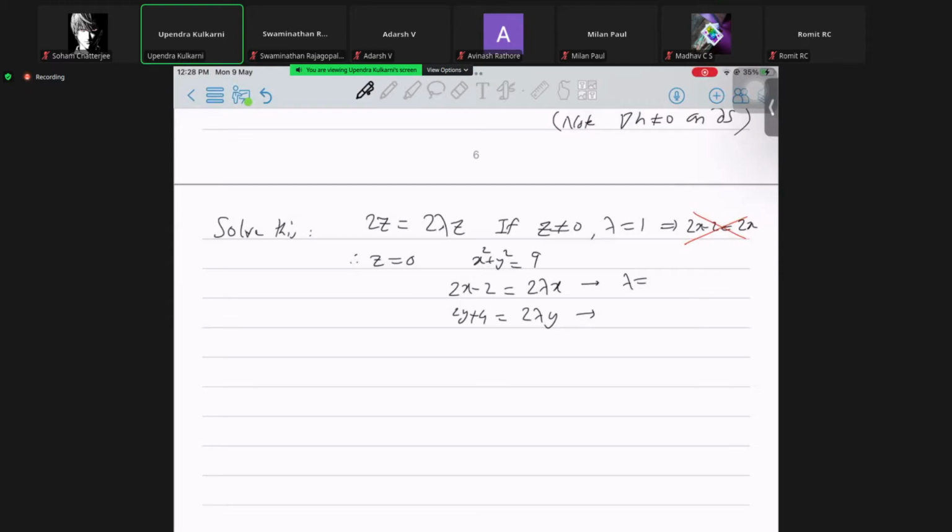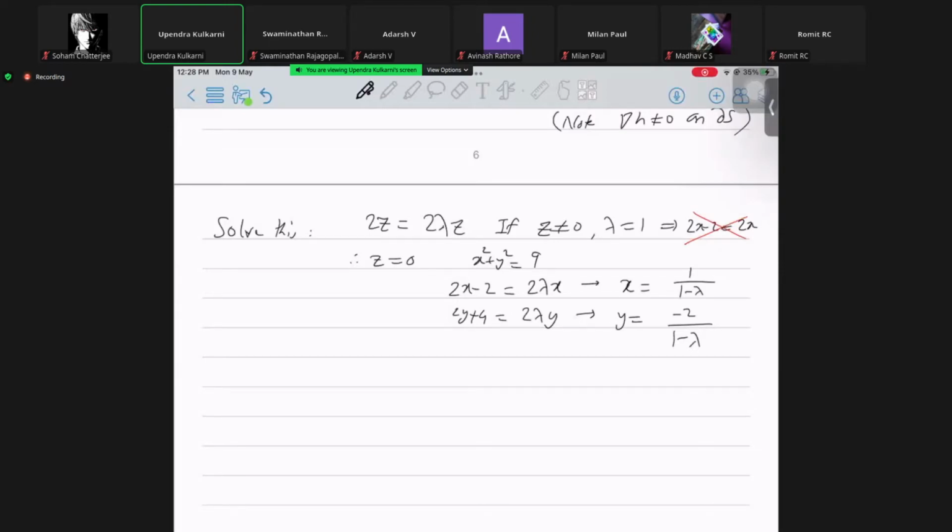Let's get x and y in terms of lambda. You can do it in multiple ways, but what is x equal to here? I cancel 2, so I get 1 divided by 1 minus lambda. Just check, please. That's what I have in my notes. And y equals minus 2 divided by 1 minus lambda.